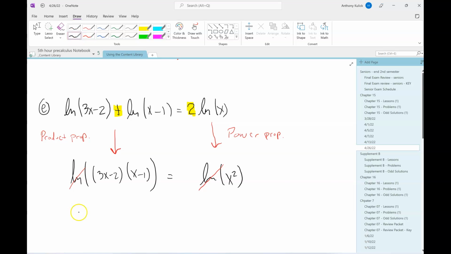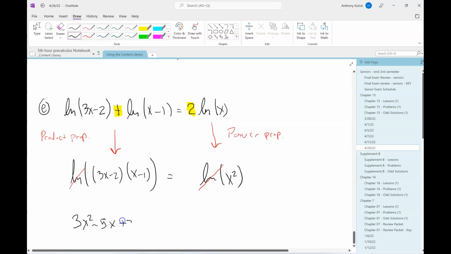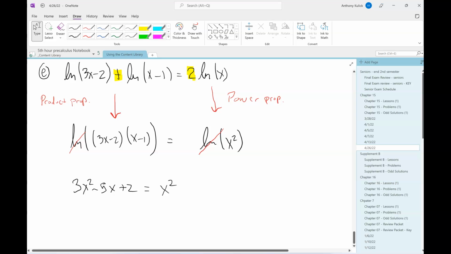So when I FOIL this out here, I just FOILed that in my head quickly. That's okay. What kind of equation do I have here? Quadratic. To solve a quadratic, the first thing I should do is, well, something before that.